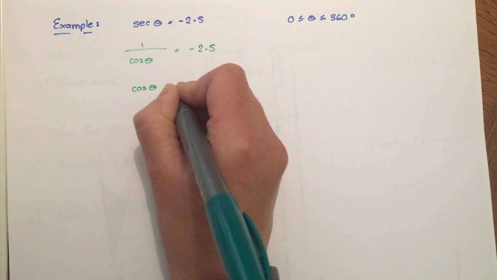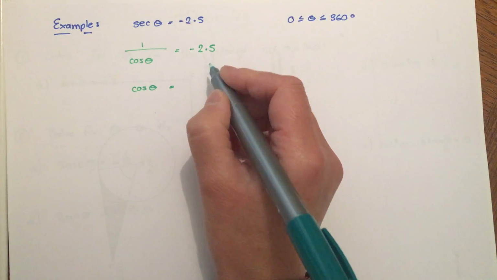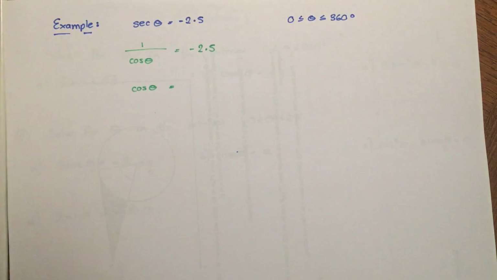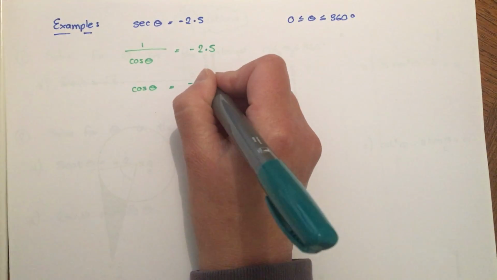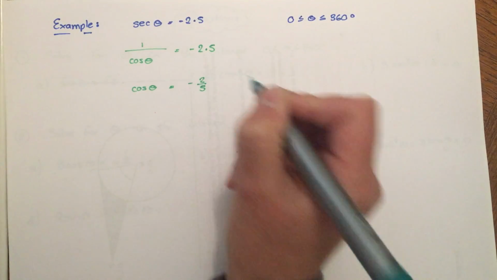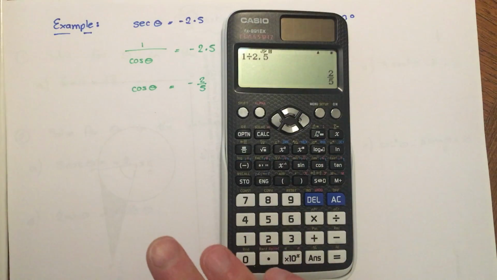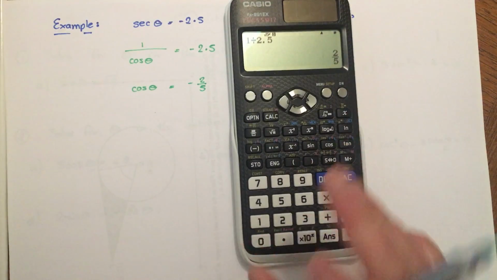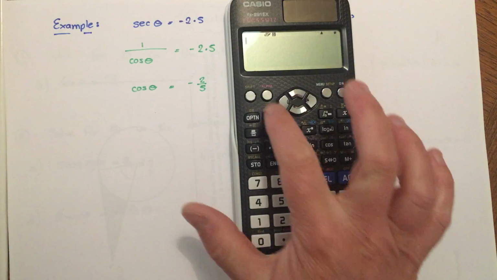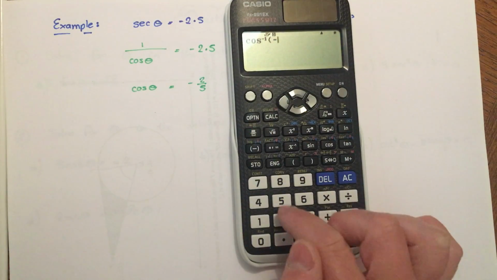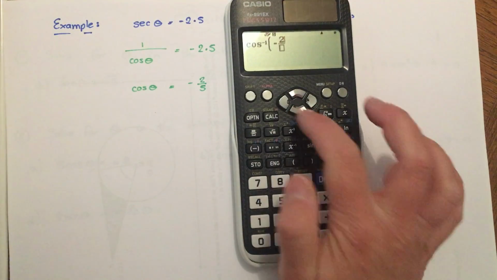So cos theta equals 1 over negative 2.5, so negative 2/5. And once you've got to that point, you just use your calculator. We need to be in degrees, which I am. So inverse cos negative 2/5.